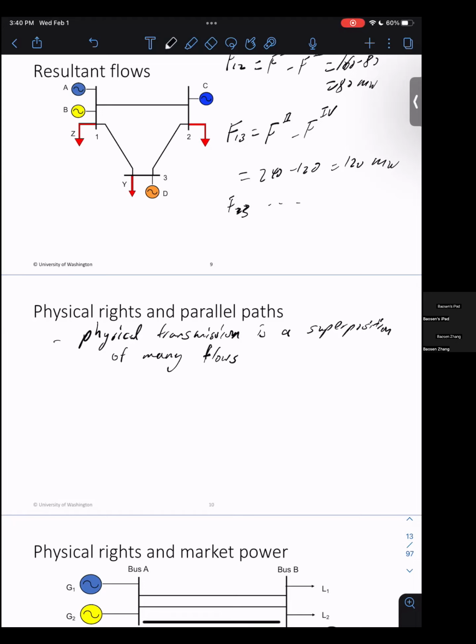So at the end of the day, if you measure the power sent as a superposition of many things, decentralized trading can be complicated. It's difficult to do in practice.